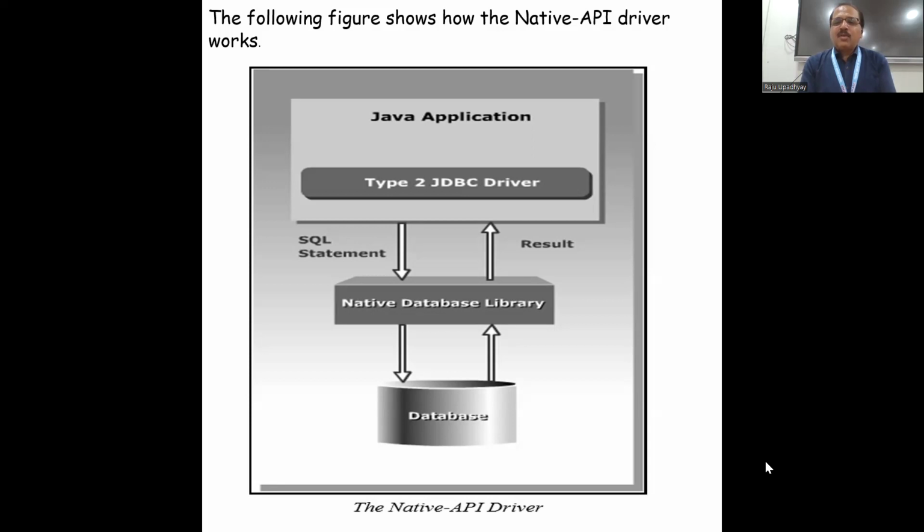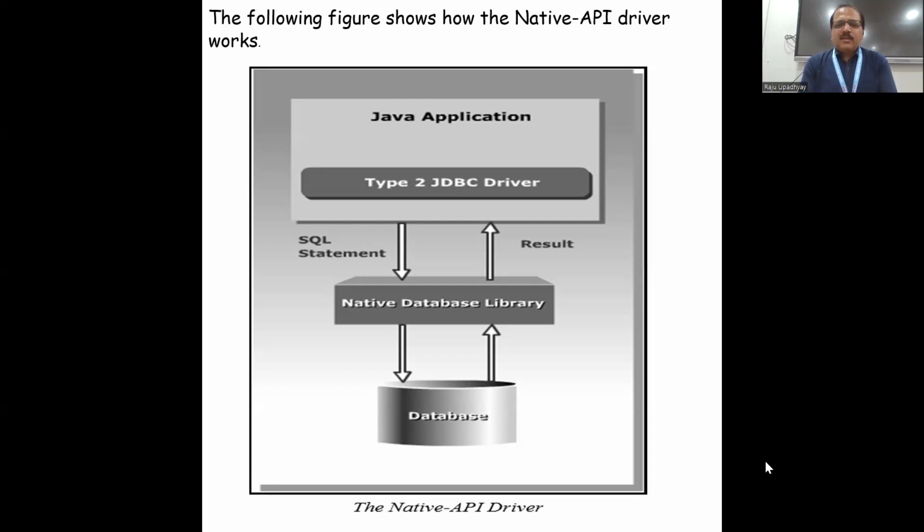So all database vendors understood that if they did not provide a facility to connect to their database from a Java application, people would not buy the database created by that vendor. That is why it was a compulsion for the database vendor to create these native API libraries, and they were shipping them along with the database.